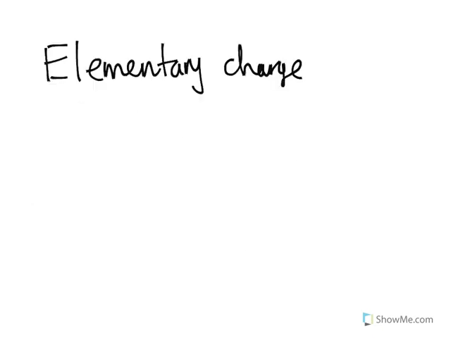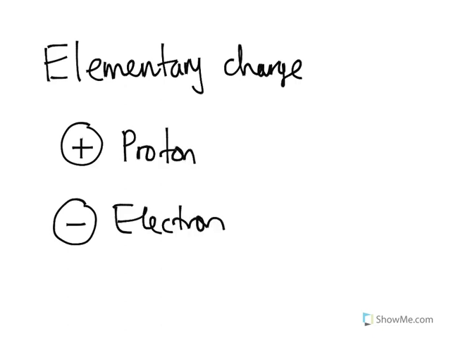And we have certain particles, for instance, the proton, which we usually state is positive, and the electron, which we say is negative. And both of them carry an elementary charge.